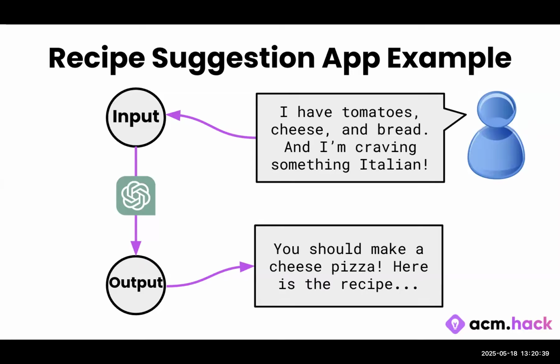ChatGPT would give you your output and you would just print that output wherever. It would say something like, you should make a cheese pizza, here's the recipe. Obviously, this is not that useful. It's not that great. We'll be making a lot more fun projects and better stuff in the demos that you'll see. But before we get into that, I want to give you guys two useful things to know.